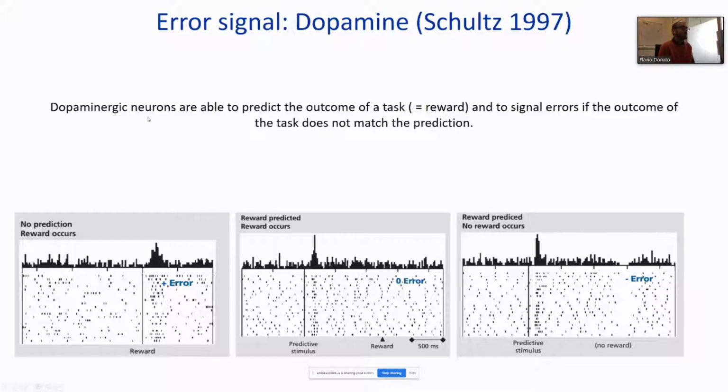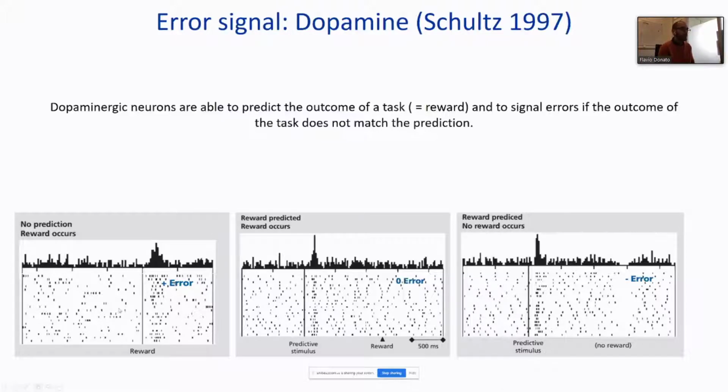Dopaminergic neurons are able to predict the outcome of a task and signal an error if the outcome of that task does not match what has been predicted. These are recordings from a rat, I think, or a monkey. I'm not entirely sure at the moment. What they saw is that if the monkey is given a signal, called a predictive stimulus, followed by a reward at a certain point, the dopaminergic neuron will respond in three different ways.